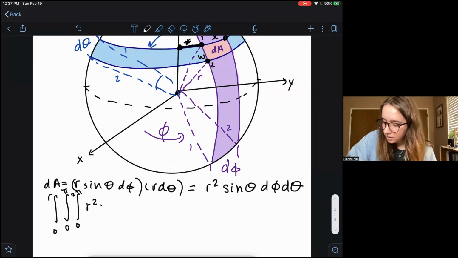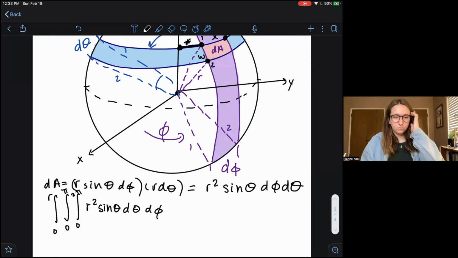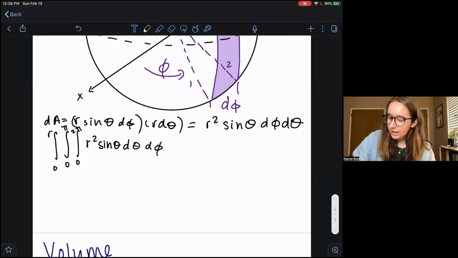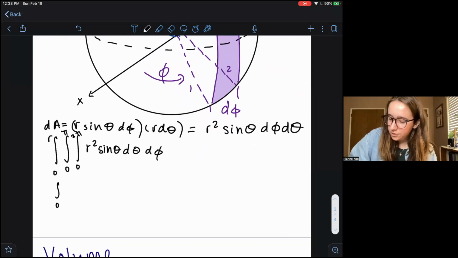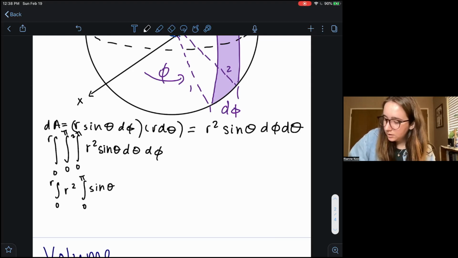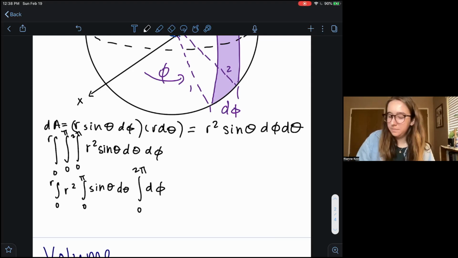So r squared sine theta d phi d theta d phi. So now let's put each of its values in its respective integral bounds. So we're left with 0 to r squared, 0 to pi sine theta d theta, and 0 to 2 pi d phi.